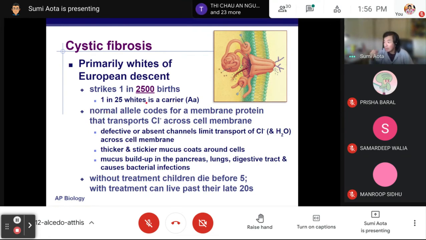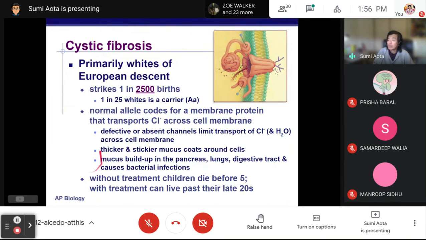Okay. So what happens in this illness is that there's a mutation in the genes that code for a chlorine transporter. So the chlorine transporter becomes defective. Since it's defective, you limit the amount of chlorine in water that can be transported across the cell membrane.